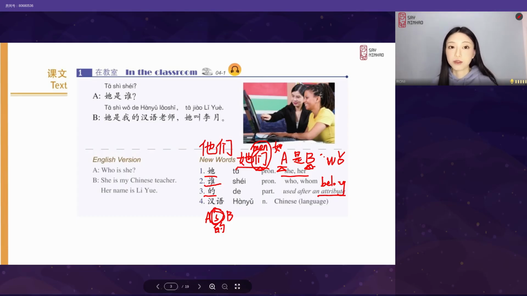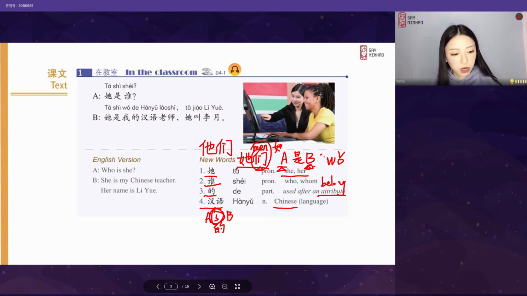Okay, now let's move on to the last new word for text 1, which is 汉语. 汉语. Read after me, please. 汉语, 汉语, 汉语. It means Chinese, and it is the language, not Chinese people, okay? Chinese language. 汉语, 汉语.